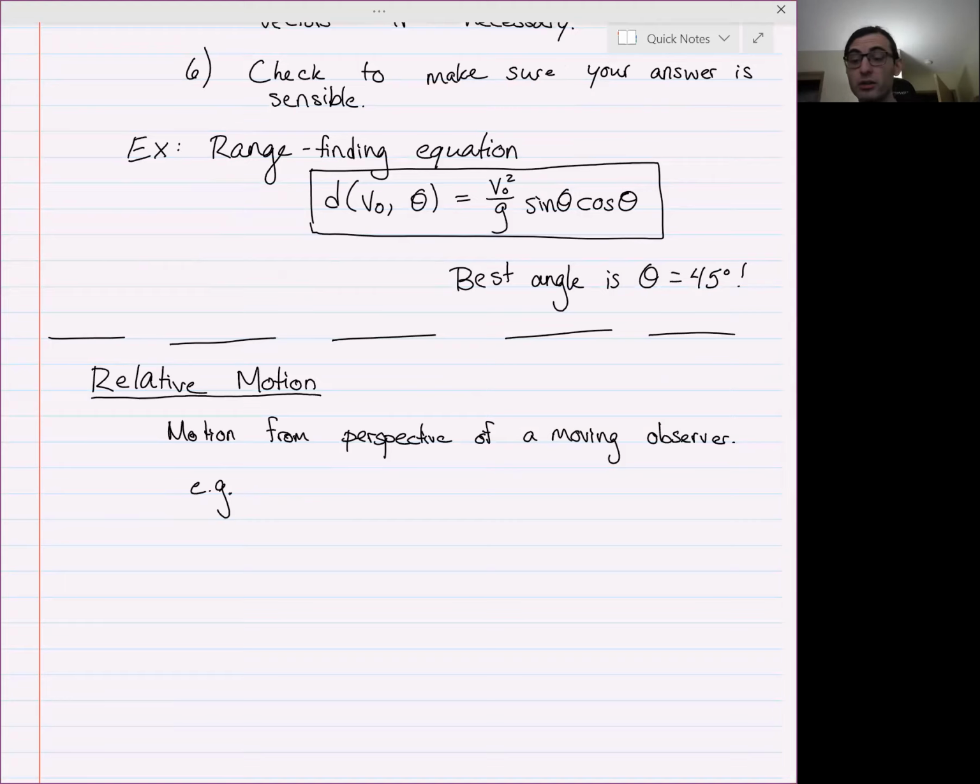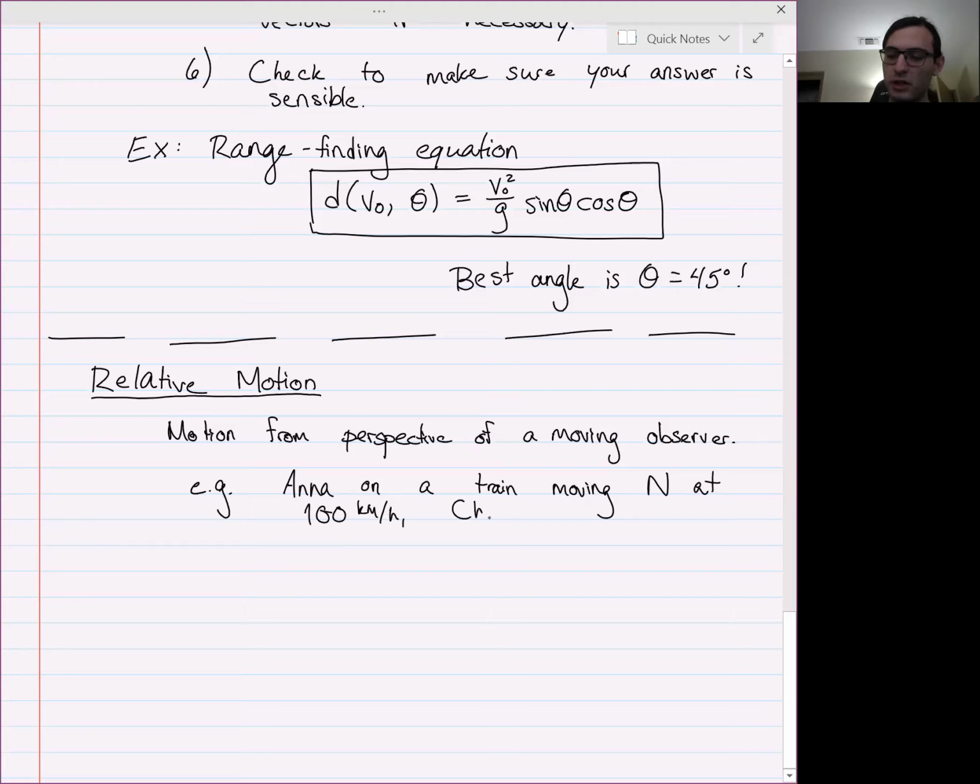So let's say that Anna is on a train moving north at, say, 100 kilometers per hour, and Charlie is also on the train. Bob is at the train station, stationary at the train station.